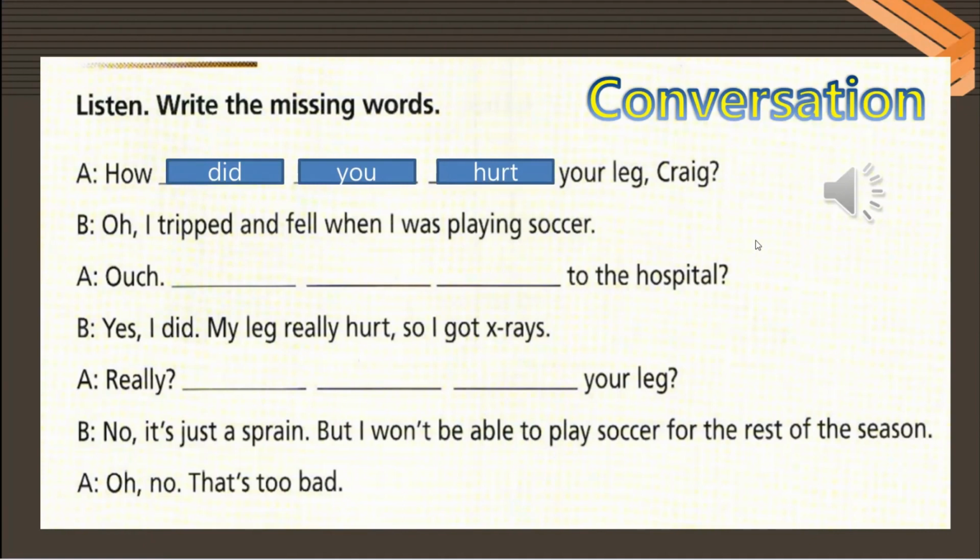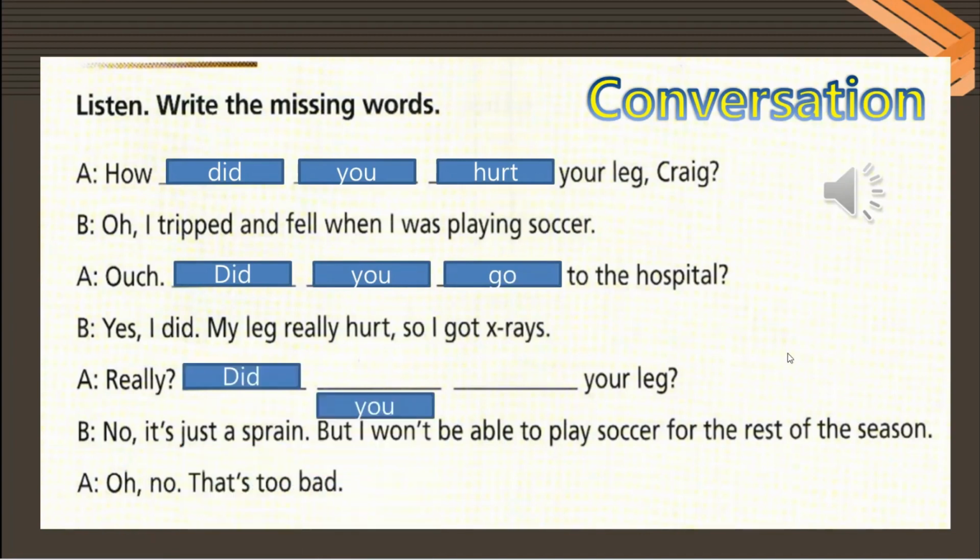And then, ouch. Did you go to the hospital? Okay, for the second. And then for the third, did you break your leg? This is about the correct answers related to the conversation.